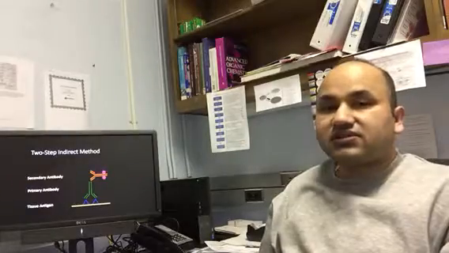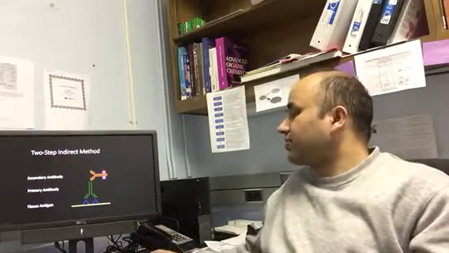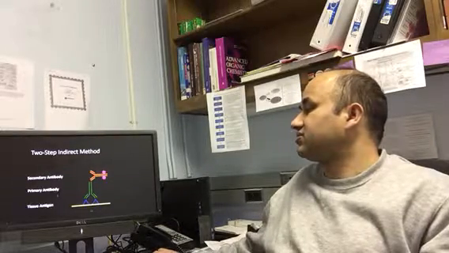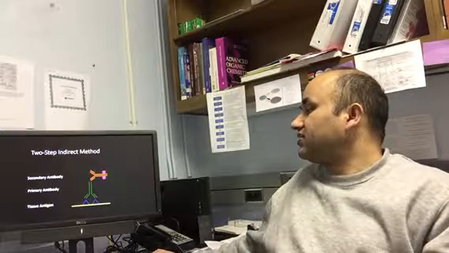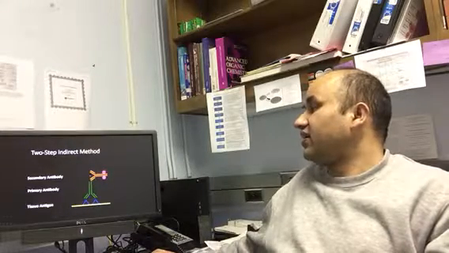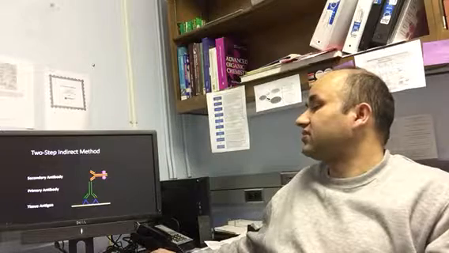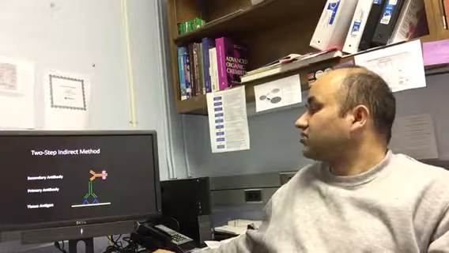The next one is the indirect method. In the indirect method, two layers of antibodies are used. Here is the tissue antigen, and the primary antibody, which is unlabeled, is bound to the tissue antigen, and the secondary antibody is labeled with a fluorescent dye, an enzyme, or a reporter molecule.